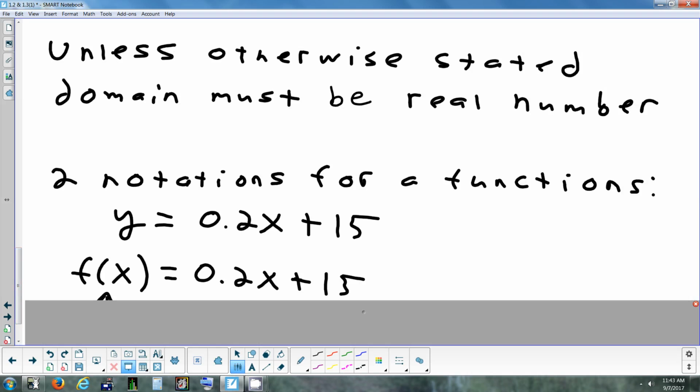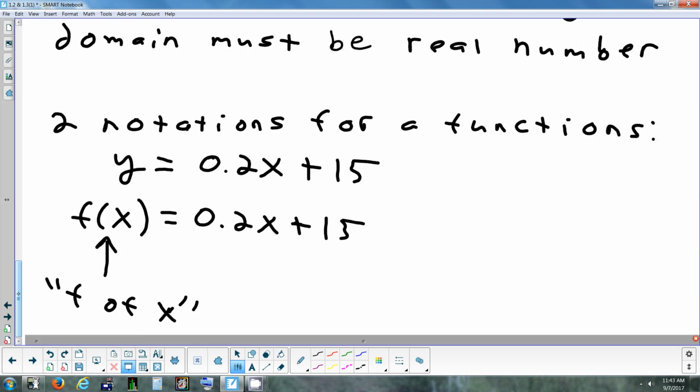And when we write something as a function, there's two different ways you can do it. Y equals, or this other one. Does anyone know how you pronounce what's on the left-hand side of that bottom equation? F of x. Yep, that's just another way to write a function. F of x.